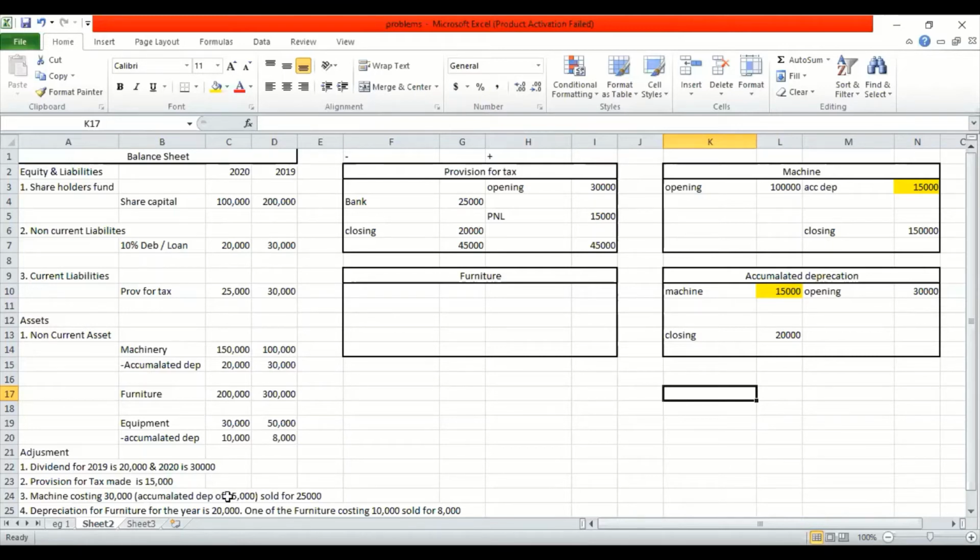Because there is a depreciation, the cost you will never compare with the selling price. You always compare the book value. So 30,000 minus 15,000, the figure is 15,000. The book value of this machinery is 15,000. Now the machinery of 15,000 is sold for 25.